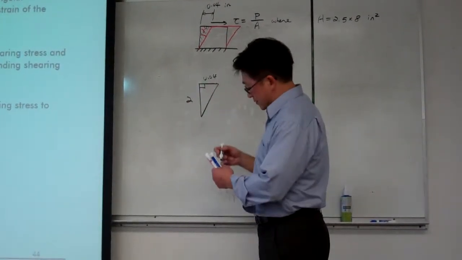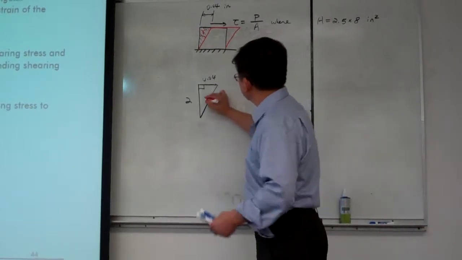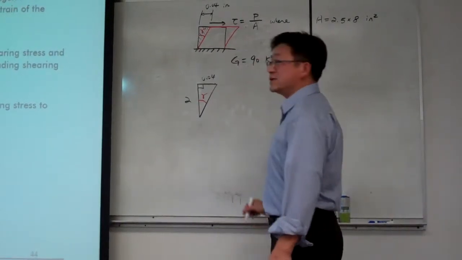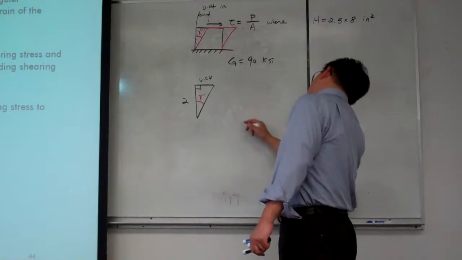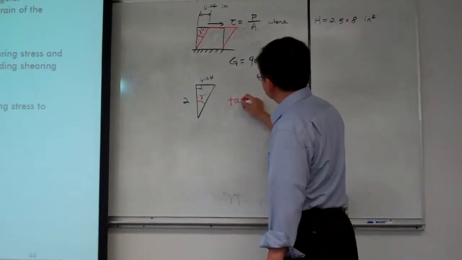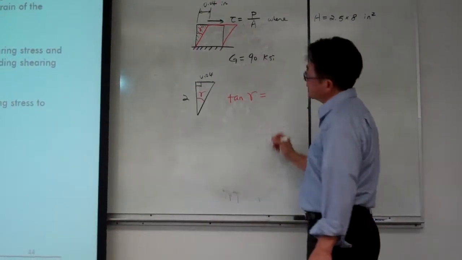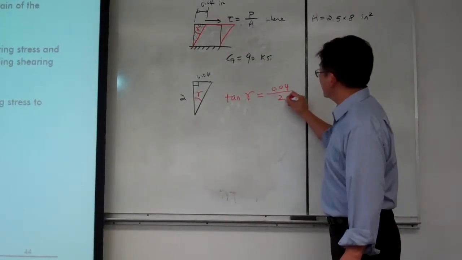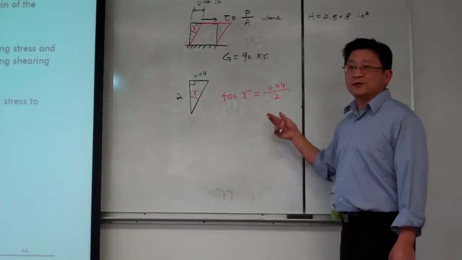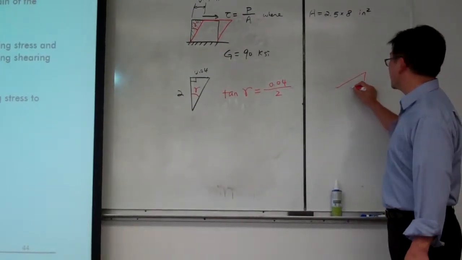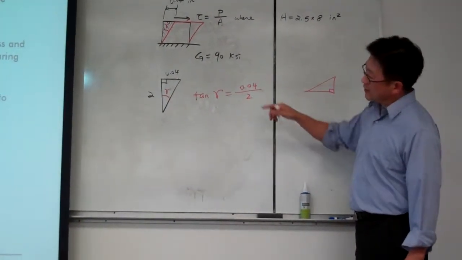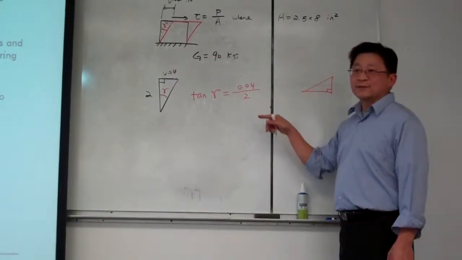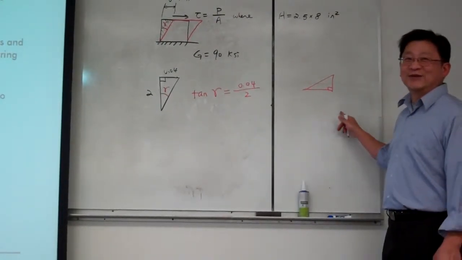So gamma, basically using this triangle, we can see tangent gamma equal to 0.04 divided by 2. Because in my mind, I always learn my trigonometry in this orientation, so sometimes I need to tweak my head into this orientation.